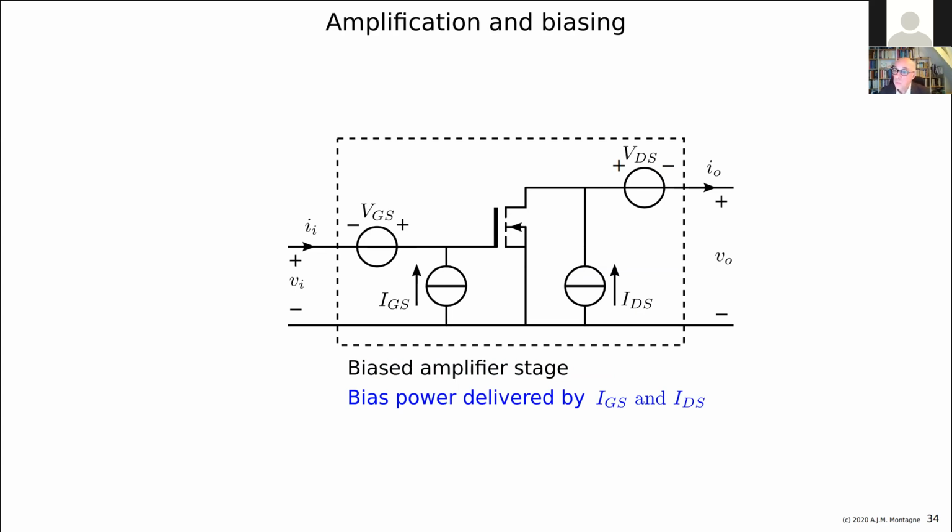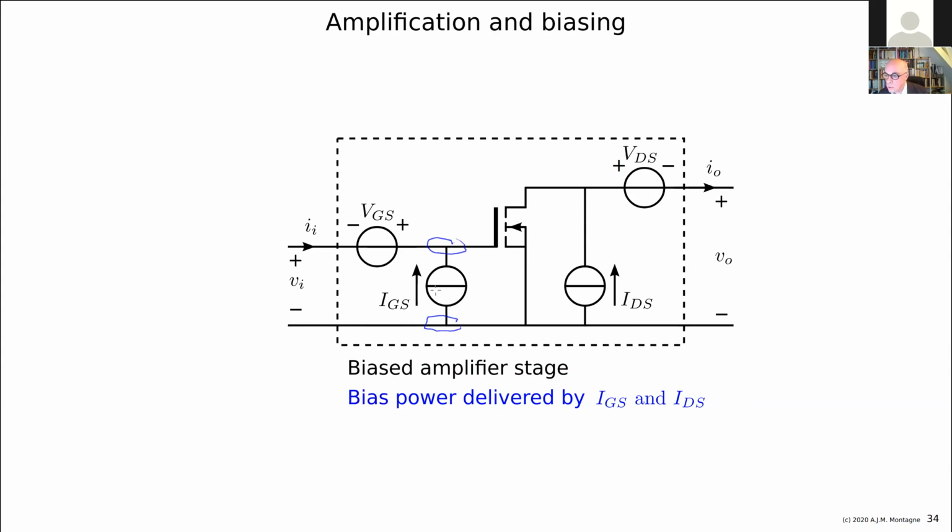But the voltage across IGS has the positive at the top node. So the positive voltage is here and the negative voltage is here. So the positive current direction will be from positive to negative.